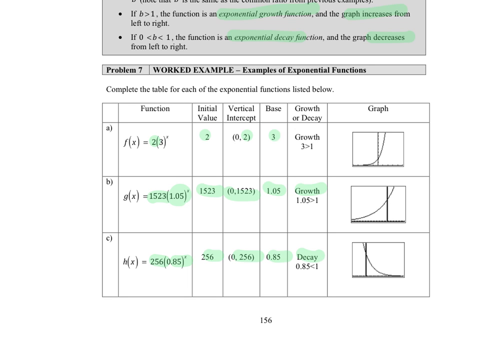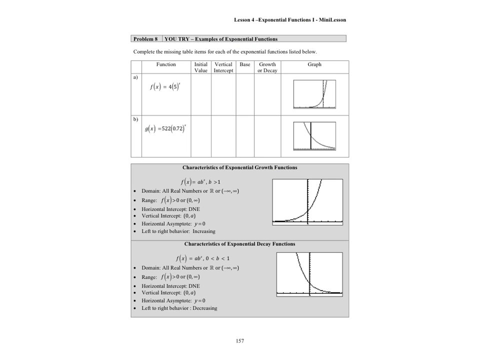And we can see that because our graph is falling. So we're going to do an example of that on the next slide. Turn the page. So look at this function right here. In that, you should be able to pick out that 4 represents your initial value.